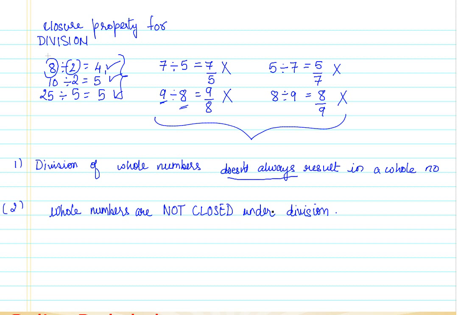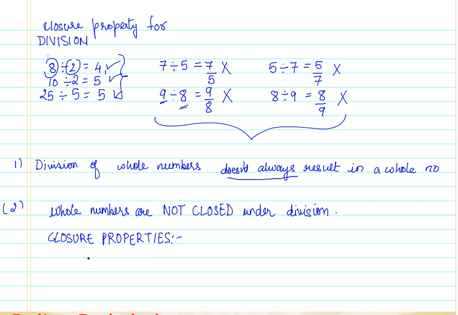So in this case, let us quickly summarize the closure property for whole numbers. In the last 3 videos, we have investigated whether the closure property holds true for whole numbers under various operations.